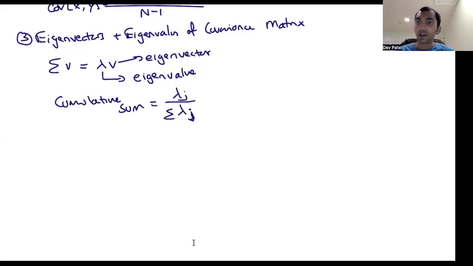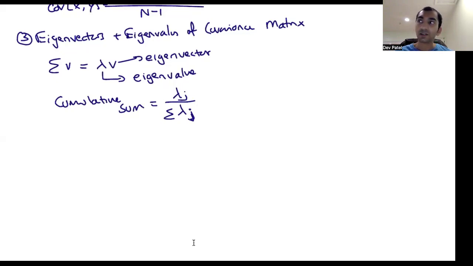So for the first eigenvector, for the first principal component, you can calculate how much variation it captures within the data set by looking at the eigenvalue of that eigenvector and dividing that by the sum of all of the eigenvalues of that covariance matrix. That will give you the proportion of variation in the data set that the first principal component measures.